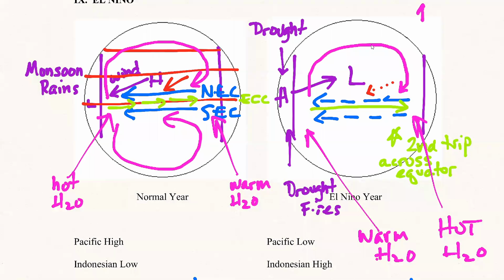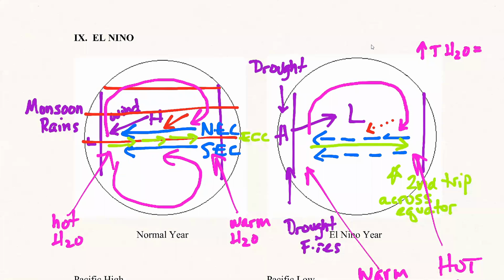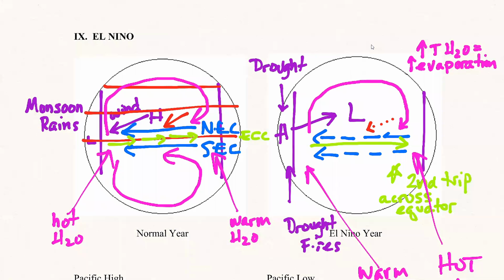We increase the temperature of the water, and when we do that, that's going to increase evaporation. And when you increase evaporation, you're then going to increase the amount of rainfall. And that's what happens during El Niños.